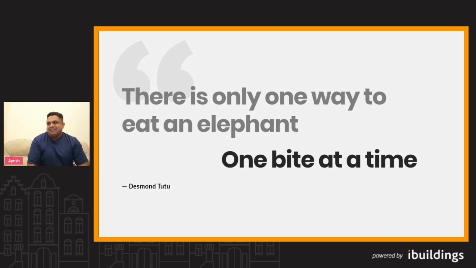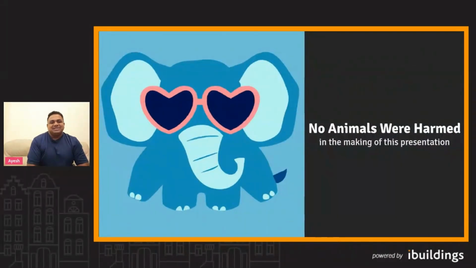But this is not a Dutch life conference, this is Dutch PHP conference. So let's see how we can use this life advice to modernize our old PHP applications. Disclaimer: no animals were harmed in the making of this presentation. It's just a way of giving good titles to presentations, I guess.